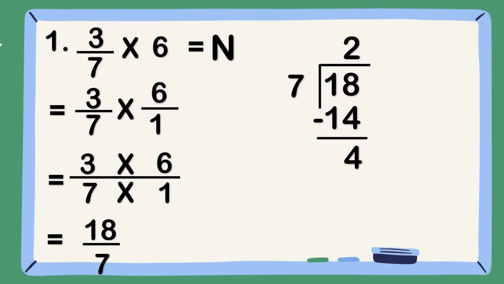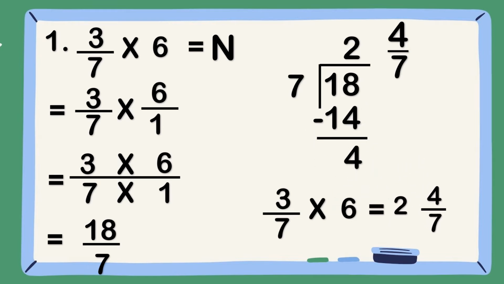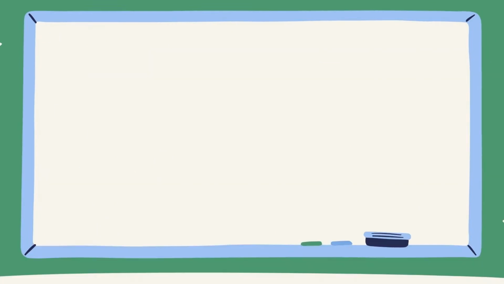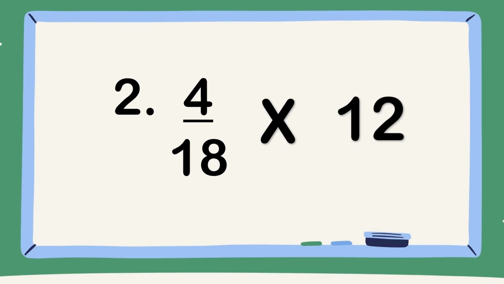So the answer is 2 as the whole number, the numerator is the remainder which is 4, and the denominator is the divisor which is 7. So 3/7 times 6 is equal to 2 and 4/7.